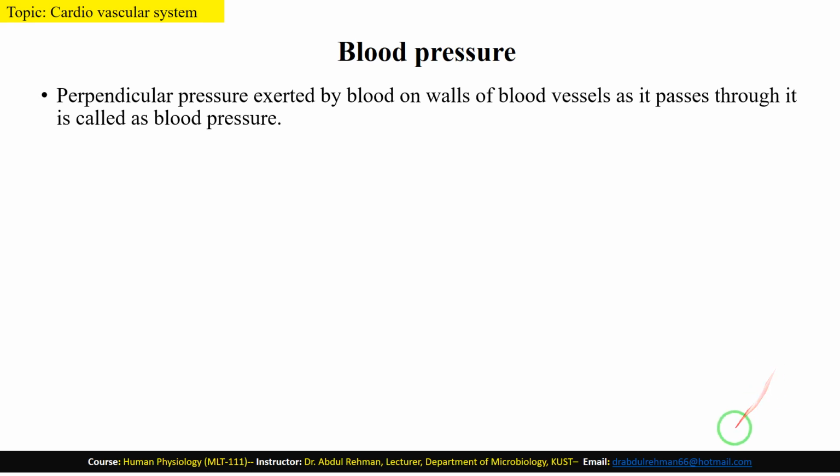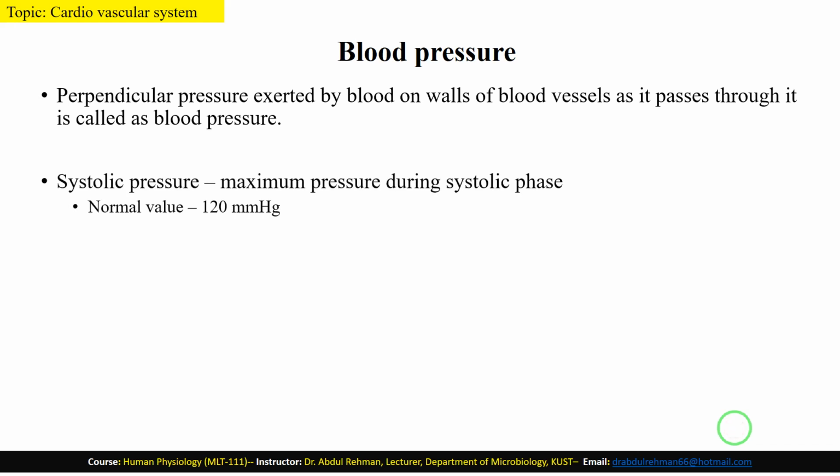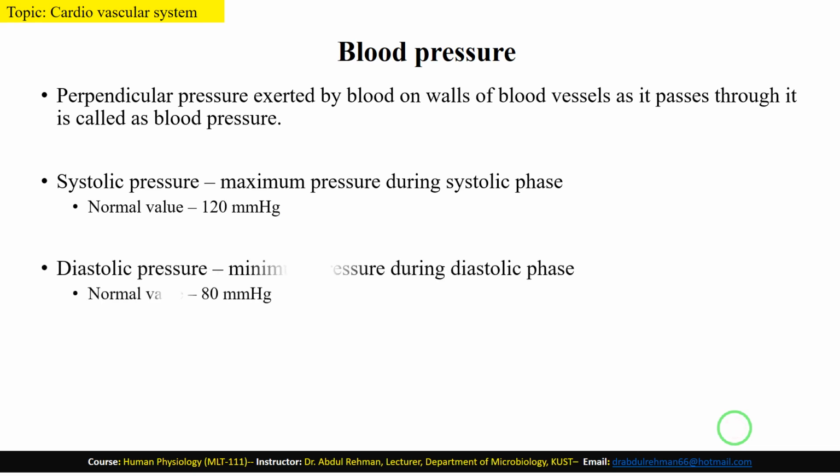There are three different pressures. Systolic pressure is the maximum pressure during heart contraction, and the normal value is 120 millimeters of Hg. Another is the diastolic pressure, which is the minimum pressure exerted by blood over the wall of the vessels during the resting stage, and the normal value is 80 millimeters of Hg.